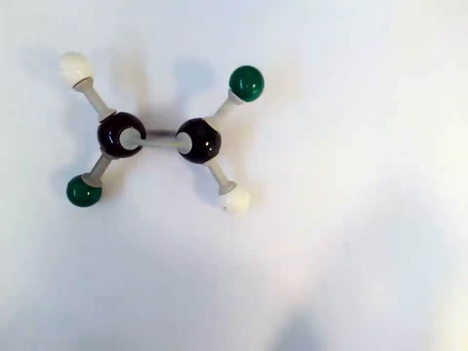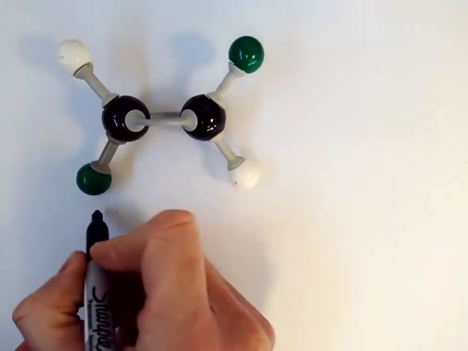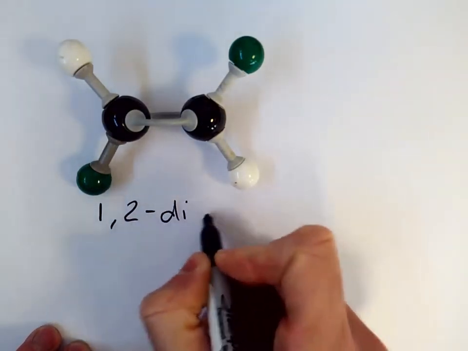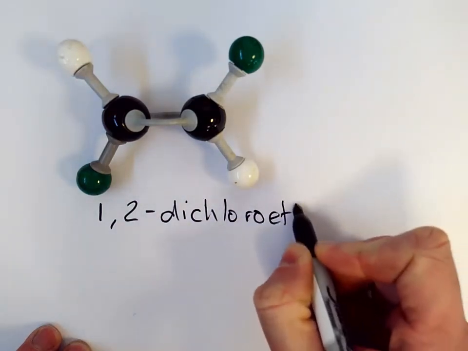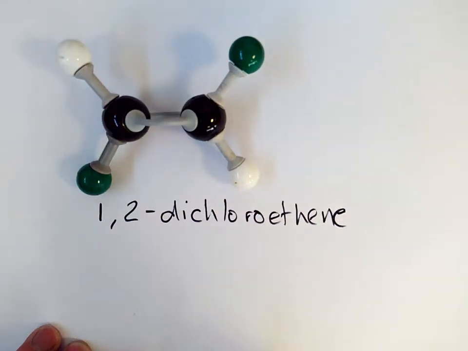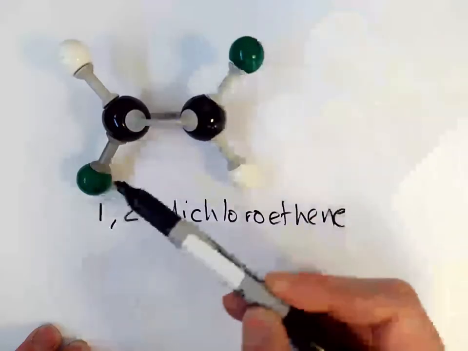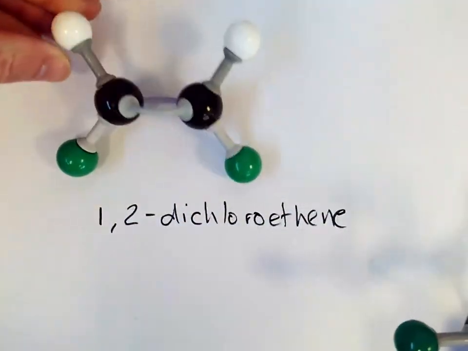So let's now start trying to put some names to our different models of 1,2-dichloroethene we've got here. So this is 1,2-dichloroethene, and as we said before, the problem with this is we don't know whether the chlorines are on opposing sides of the double bond like this, or whether they're on the same side of the double bond like this model.